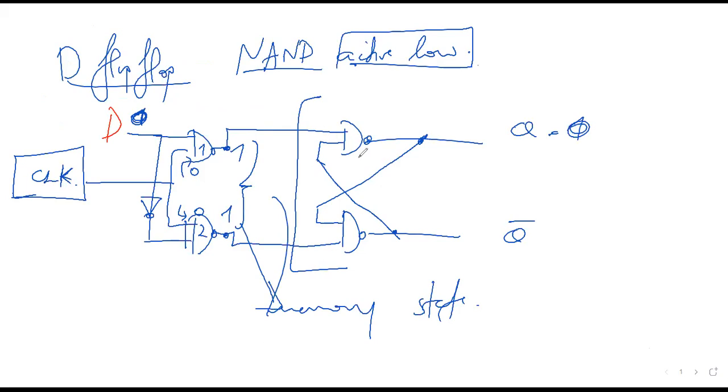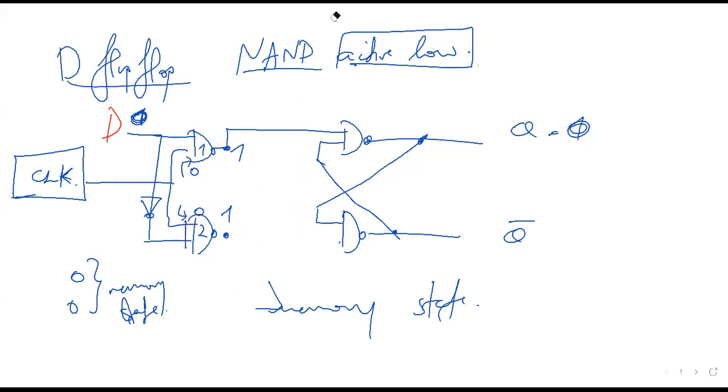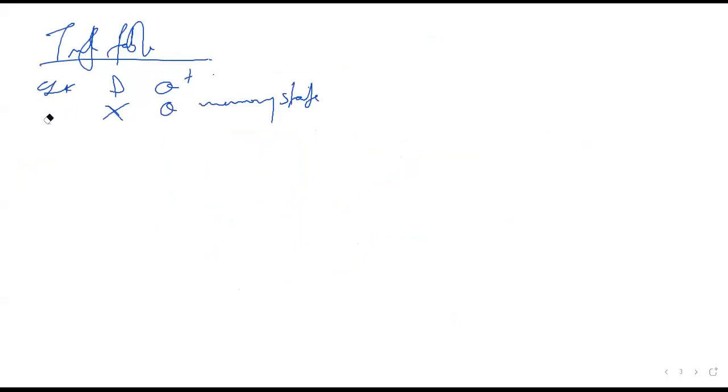If I had NORs here, then 0, 0 would mean the memory state. But in this case, I have NANDs, which means a 1, 1 is the memory state. That's why I have the memory state when clock equals 0. It explains for all the flip-flops we've done and we are going to be doing. When the clock is 0, we are in the memory state.